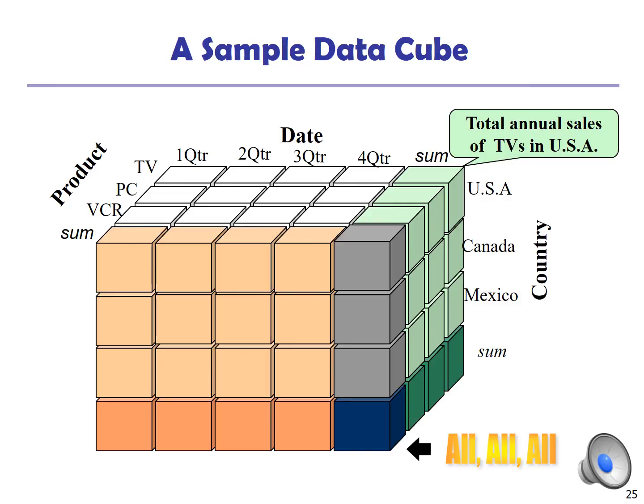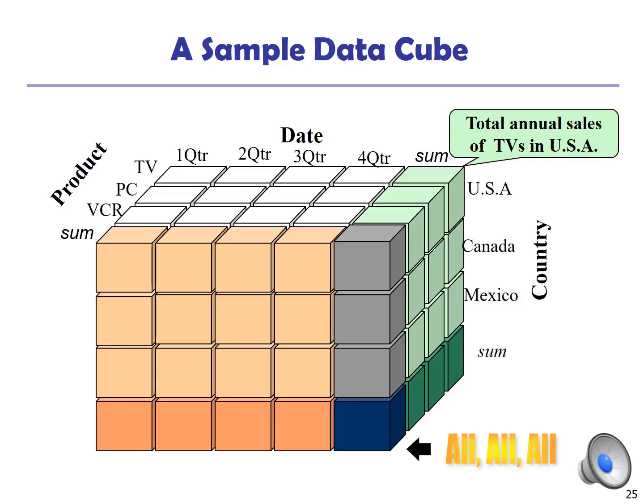Now there is a sum which is a column along with the country dimension, which gives you the sum based on all countries, all right, in all the countries per product and in different quarters, right?